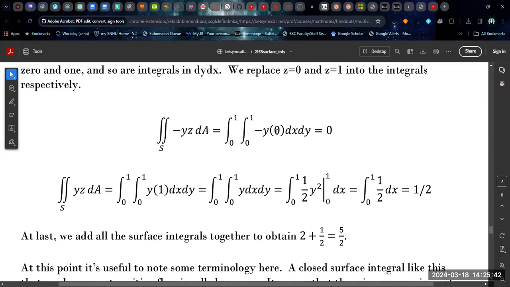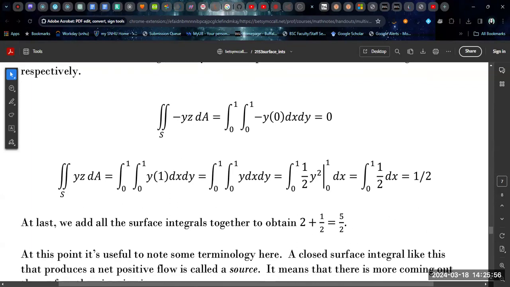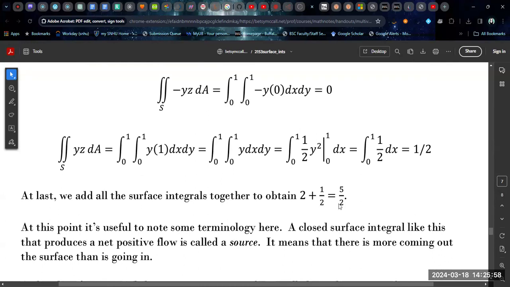This one has z in it in both cases, so the one with 0 becomes 0, and the one where we substitute in for the 1, we end up with 1/2. And so the ones that didn't cancel out, we add the 2 and the 1/2 together, and we get 5/2.